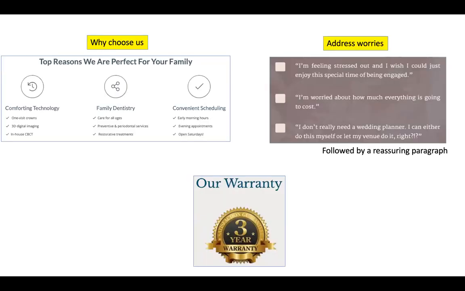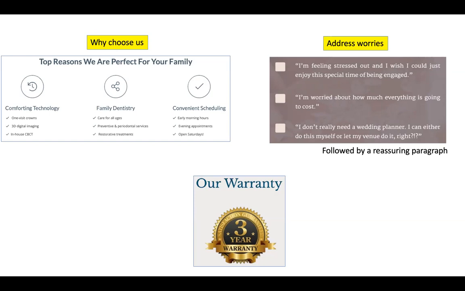I have some examples also of the other 2 questions. Now, almost every company does a good job on why choose us. They put a lot of effort into that one. But I picked this particular example because I thought it was sort of an eye-catching format. The same thing is true in my selection of the example for how do they address worries. Now, these wedding planners know that new brides or upcoming brides have plenty of worries. They're very, very nervous and stressed out.